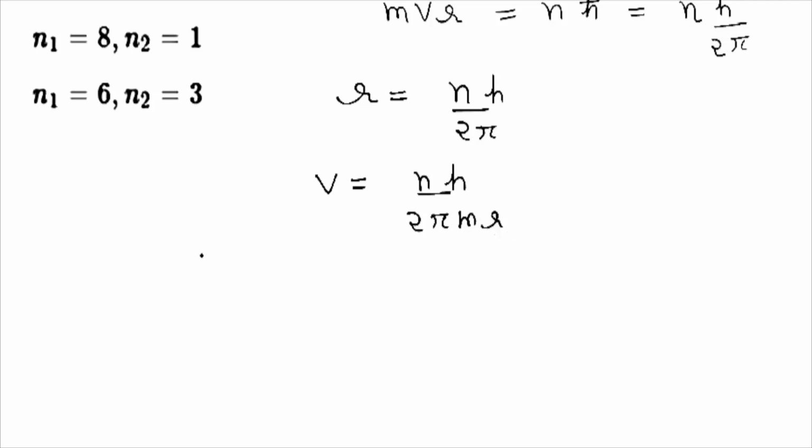Now put the value of velocity in the time period: T = 2πr by nh upon 2πmr.